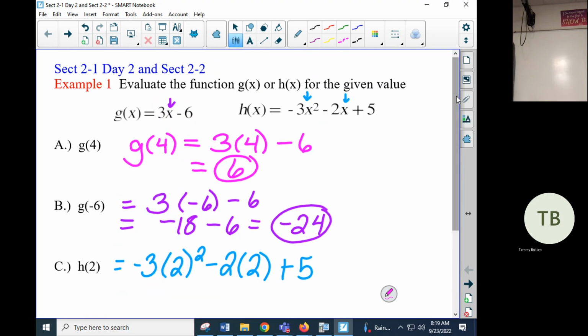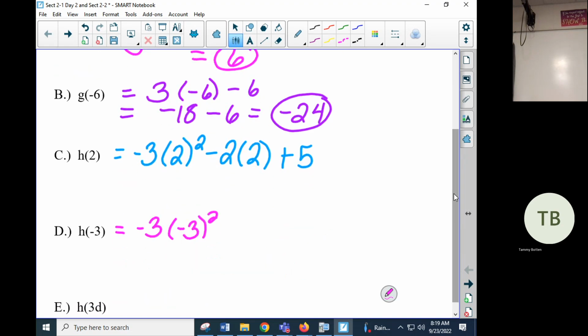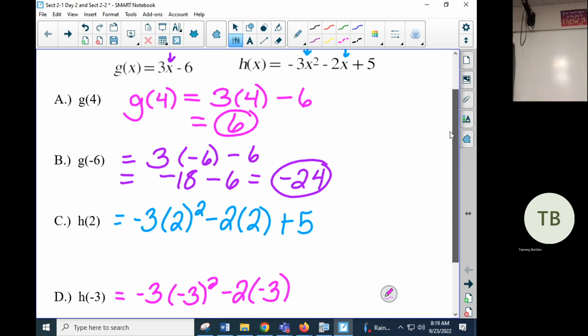So if you look up here, the -3 is part of the function, and then I put -3 in here and I squared it. Then I would go -2 times the -3. So -2 times a -3, and then +5.